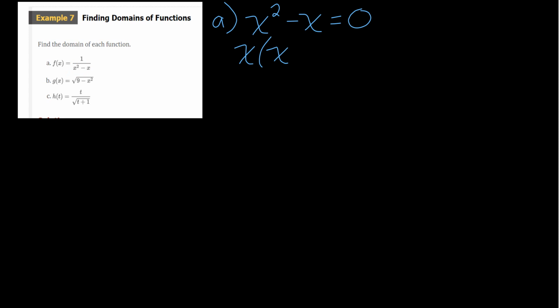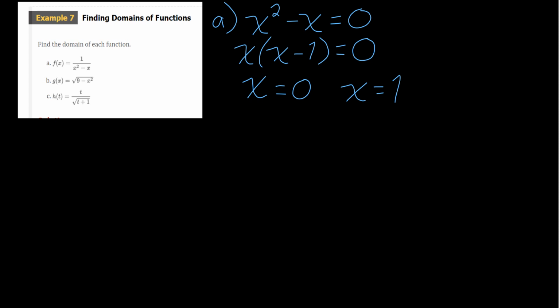I'm left with x times x minus 1 equals 0. Solving what's written in blue, x is equal to 0 and x is equal to 1. That's not the domain. The domain is not 0 and 1. That's just solving to make x squared minus x equal 0.